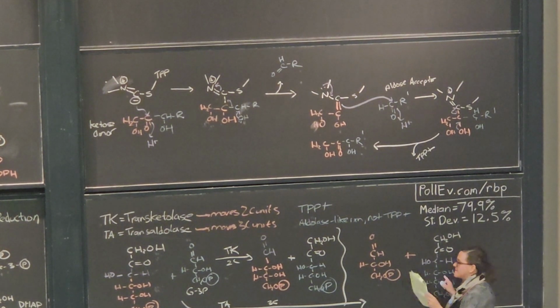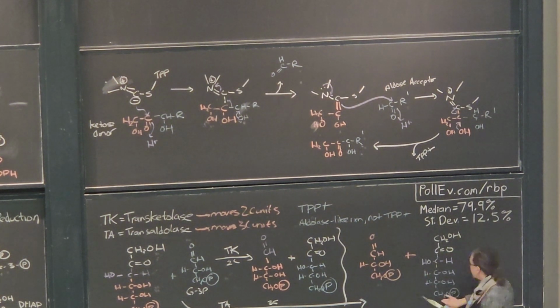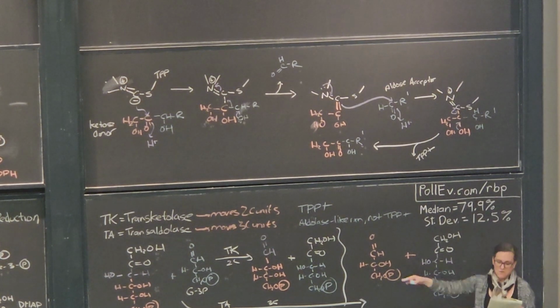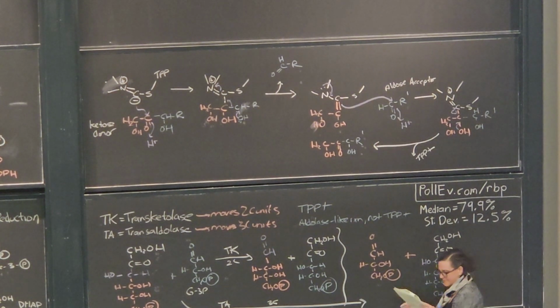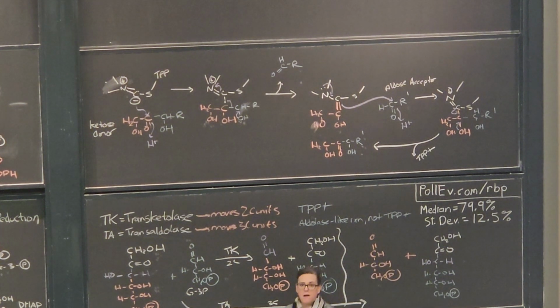So the numbers of carbons, if you add them up on the left and right side of the reaction, have to match. And this is a longer ketose that has 3 carbons more than the aldose donor did at the outset.